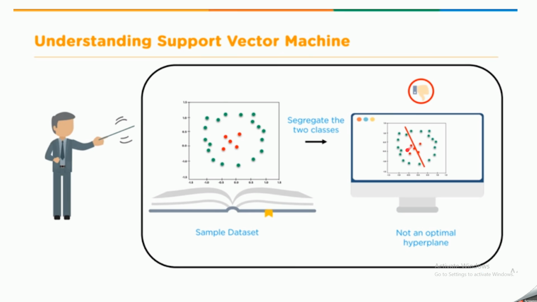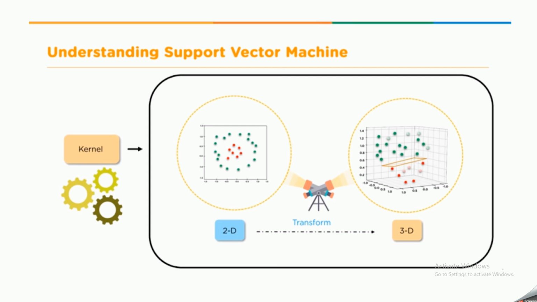If you see, the red points are present on either side of the hyperplane, which is not a feasible solution. So how do we segregate these two classes? Again, I told you we will have to use a kernel to perform transformation. So the 2D data will now be transformed into 3D, and it is done with the help of a kernel.